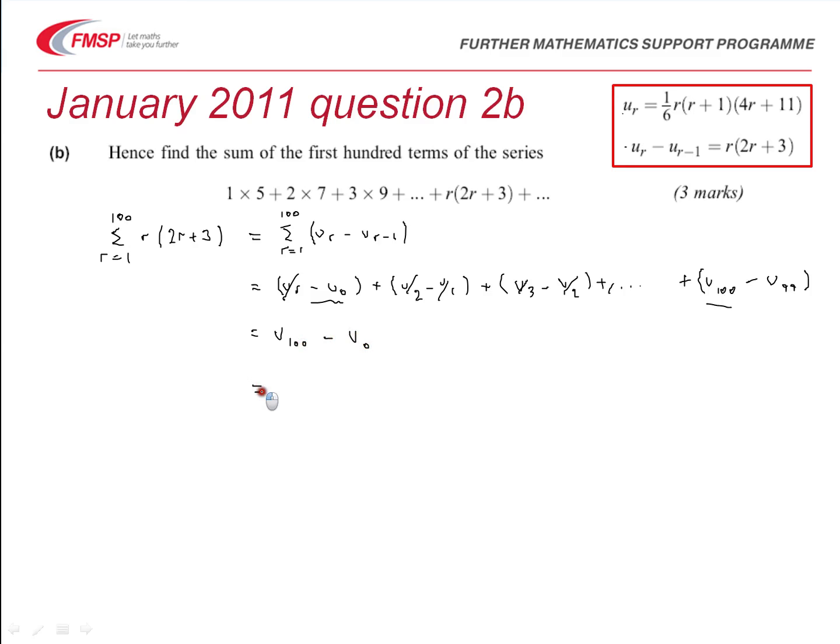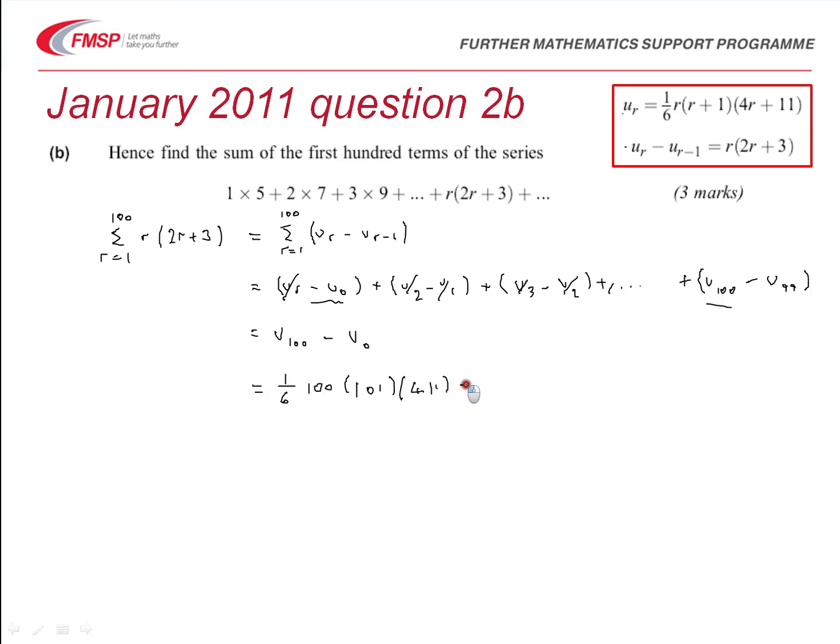And so now we can use the result of the 6R, R plus 1, 4R plus 11 and substitute in. So we get a 6 of 100 times 101 times 4 times 100 plus 11 gives us 411.